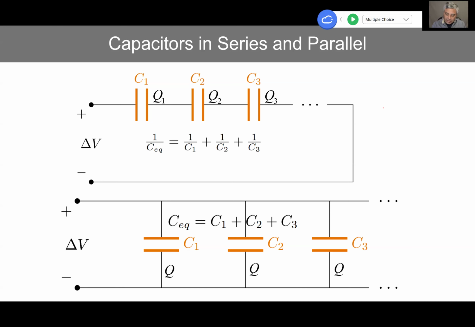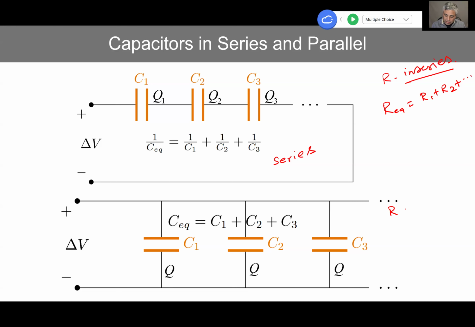So when resistors are connected in series, and by the way, this is series connection, so resistors in series, what happens? R equivalent is R1 plus R2 plus R3 and so on.